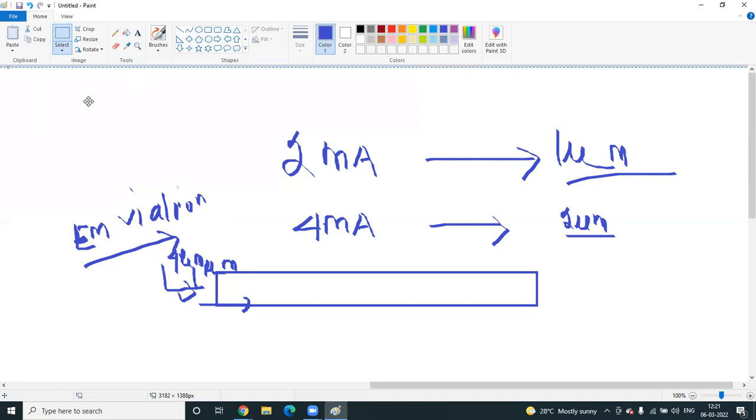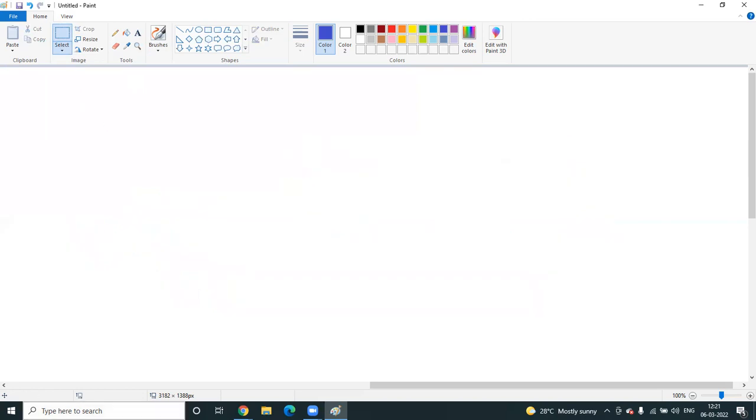So let's come to our definition. So EM means electromigration. So migration of electrons from one position to another position. So how will it migrate?